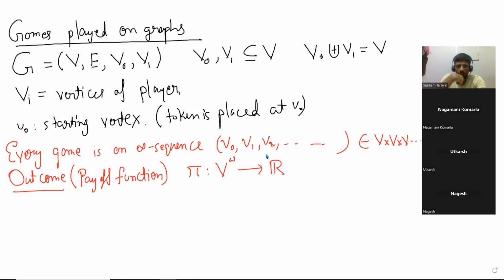So what should I do now? I will look at this payoff function, and I will not call it just a win-lose game. I will call it a qualitative game.